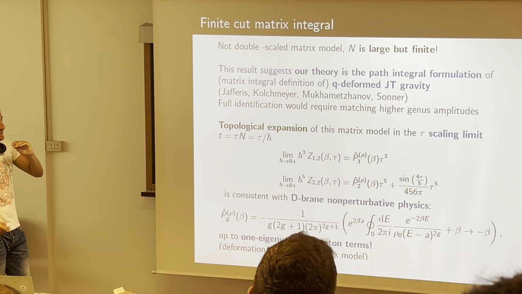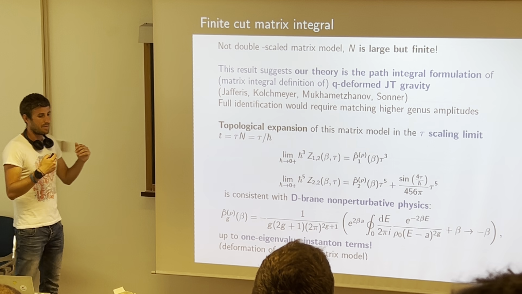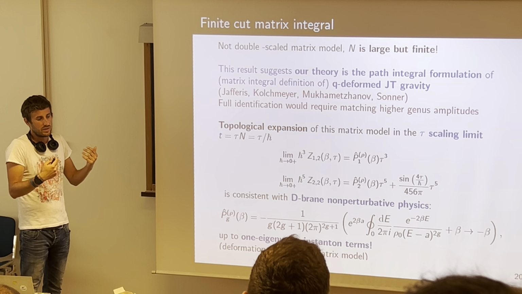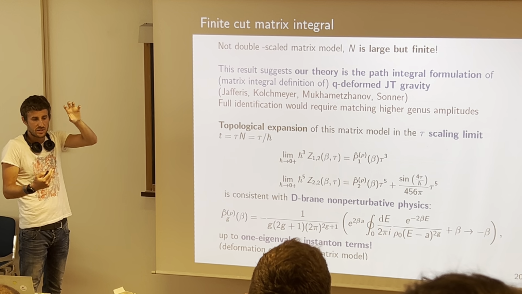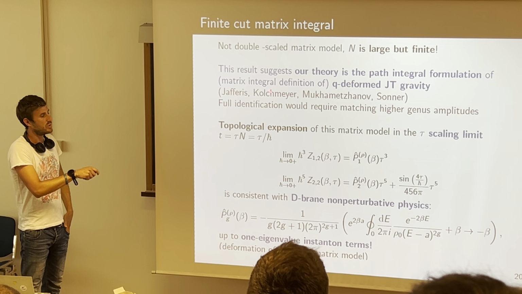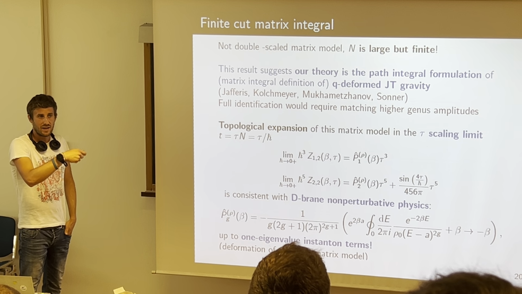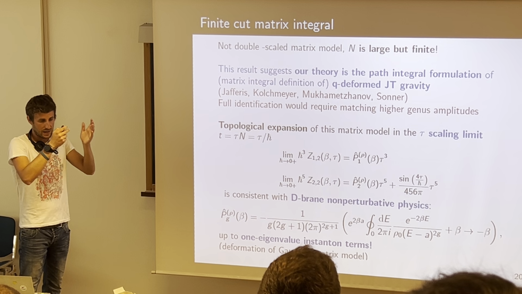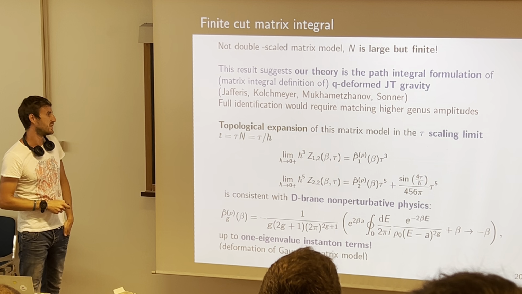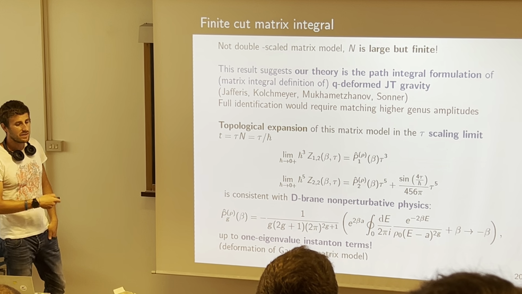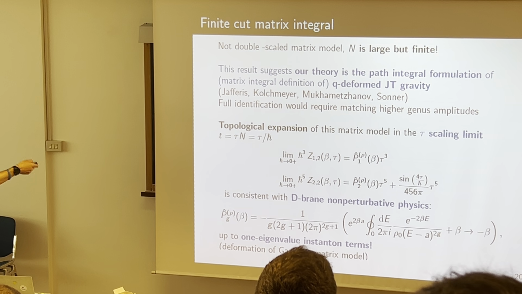So what these people did is basically construct what would be a matrix model for the SSYK by just tuning the matrix potential in such a way to reproduce, as the leading order at large n, the spectral density of the SSYK, and we find that we obtain both the disk and the cylinder in our theory.